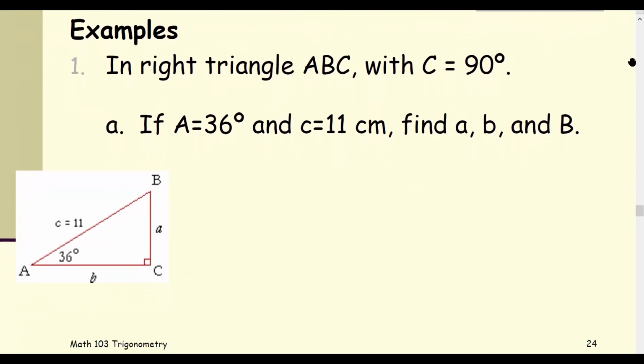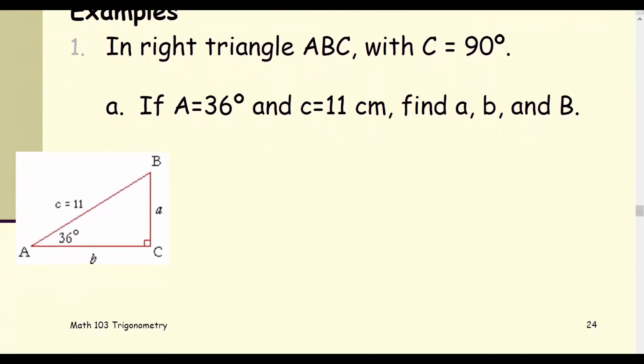For this right triangle ABC, angle C is 90 degrees, angle A is 36 degrees, and side C is 11 centimeters. Find side A, side B, and angle B. So 3 pieces are given, and we find the missing 3. Angle A is 36 degrees, which is accuracy to the nearest degree.